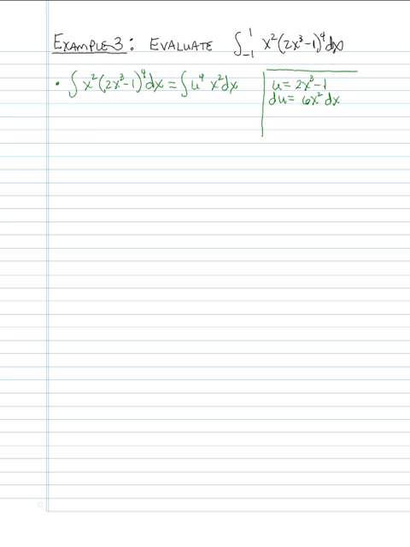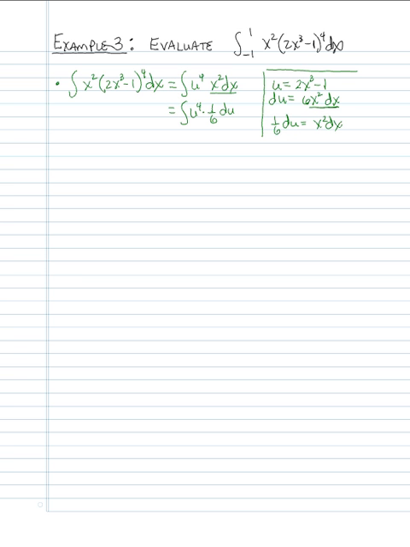So we look for an x squared dx, and there it is. We solve for x squared dx by multiplying on both sides by 1/6. So 1/6 du is actually x squared dx. That allows us to replace x squared dx with 1/6 du.